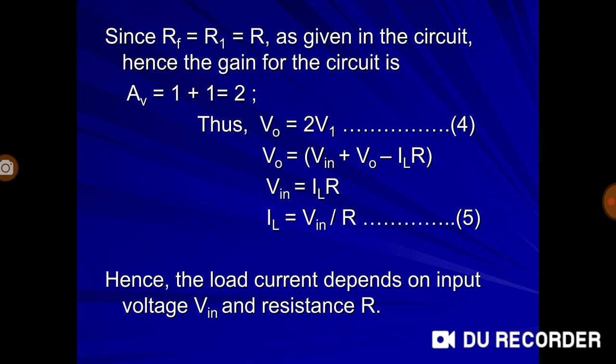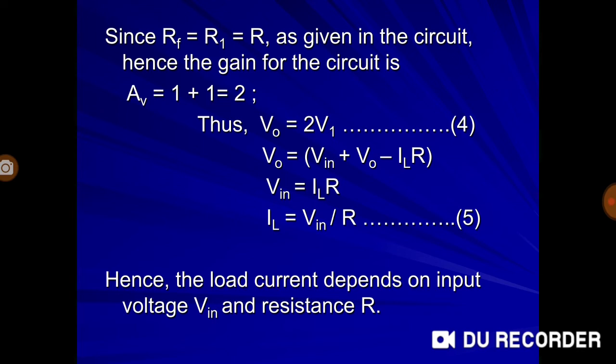So in this particular equation, IL is equal to Vin by R, you can see that the load current IL depends on the input voltage Vin and the resistance R. So we have established the relation between the load current and the input voltage, and it is clearly shown that the load current is dependent upon the input voltage.